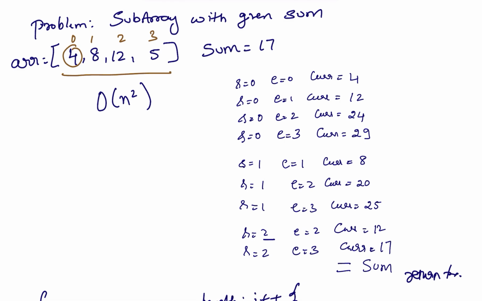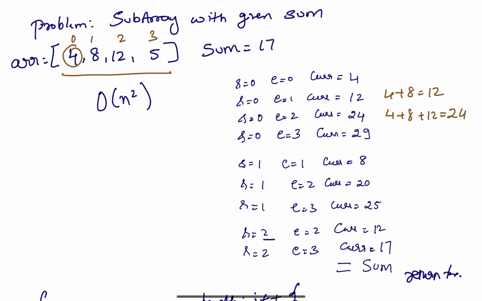If you consider index 0, that is 4, 4 is not equivalent to 17. We start from 4 and check with the end index e. End index is 0, so 0 comma 0 is 4 only. 0 comma 1, start from 0 and end at 1, we get the sum 4 plus 8 equal to 12, and then until index 2, 4 plus 8 plus 12 is equal to 24.